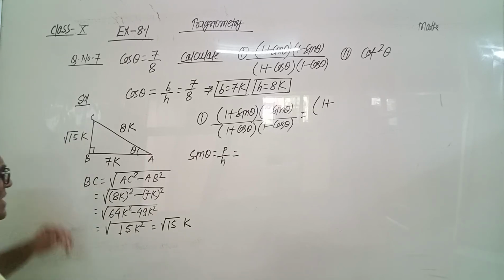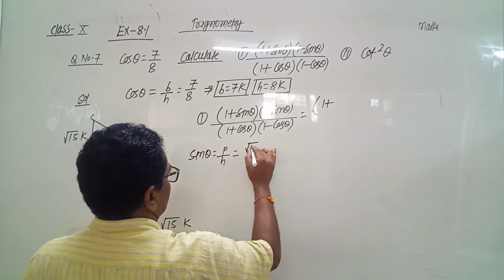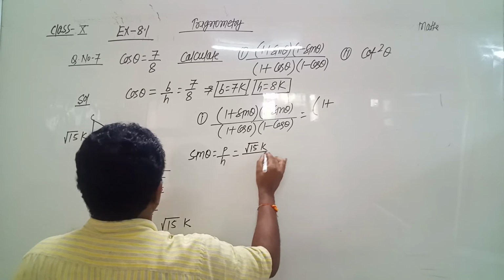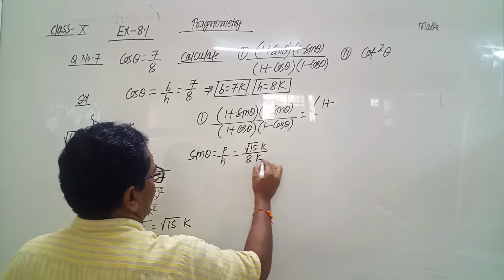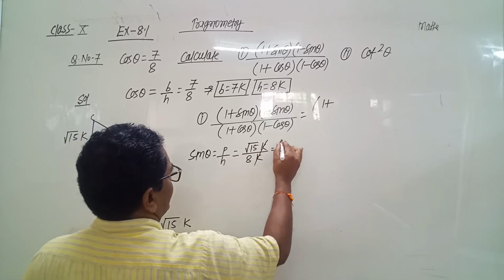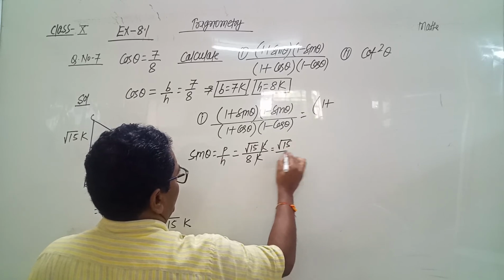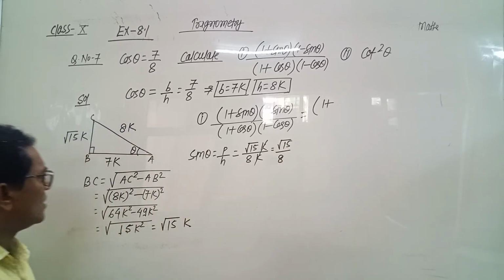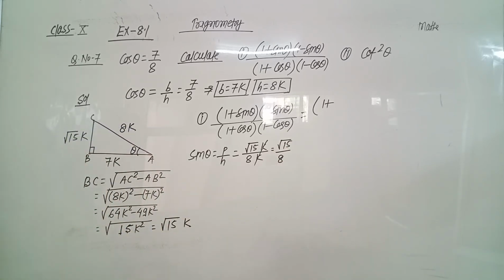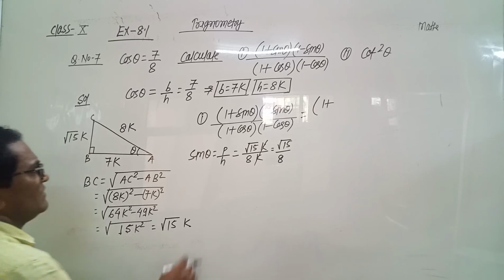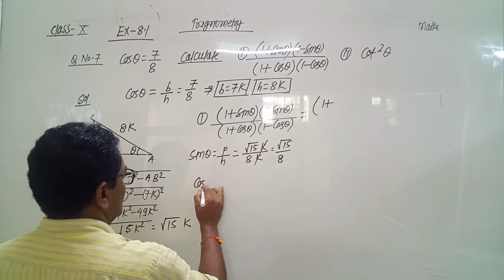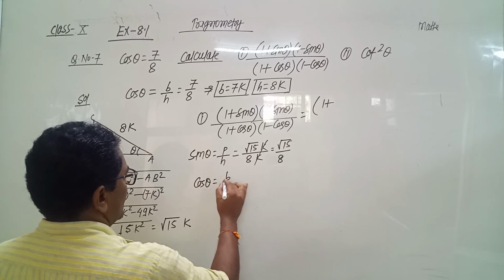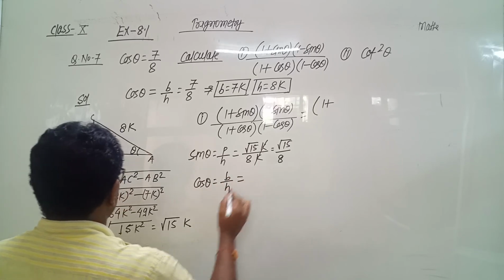Perpendicular is root 15 k and hypotenuse is 8k. k and k get cancelled and it comes root 15 by 8. The value of sin theta is root 15 by 8. Then cos theta equals base upon hypotenuse.